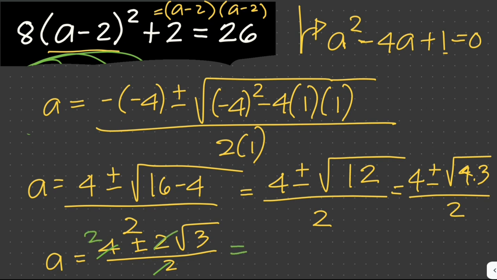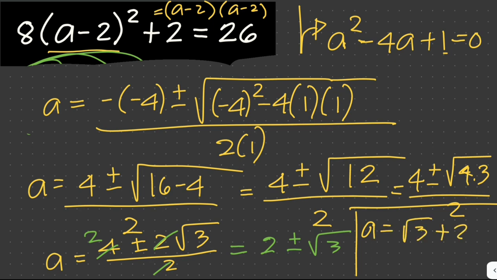Therefore, a here is just equal to 2 plus or minus square root of 3. Or you can write a equals 2 plus square root of 3, or a equals 2 minus square root of 3. So these are the values for a.